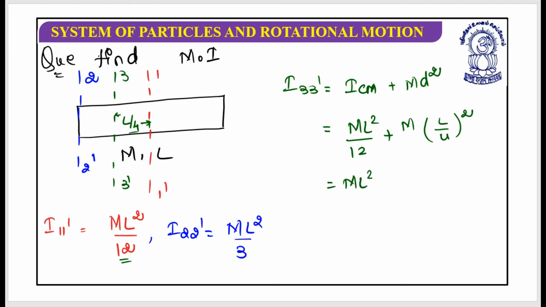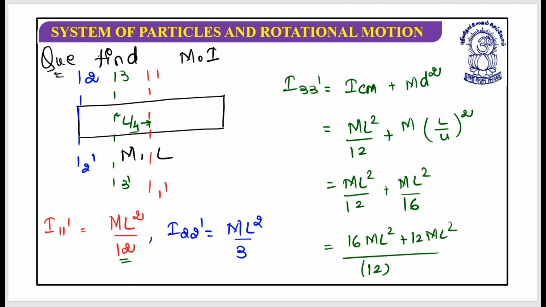So this is equal to ml square by 12 plus ml square by 16. So this would be 16 ml square plus 12 ml square divided by 12 into 16. So this is 28 ml square divided by 12 into 16. You can solve this, and this is the required moment of inertia, I33'. Is that clear?